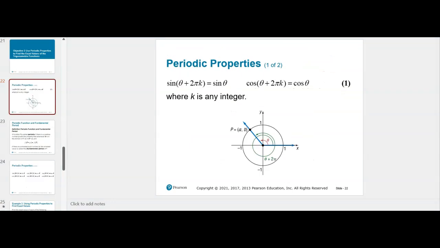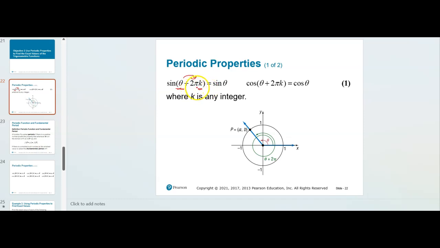So this is the idea that because 2 pi radians is 360 degrees, if we are at some angle and we rotate, like adding to that is rotating, we add 2 pi, and k is a whole number like 1, 2, 3, 4, or possibly -1, -2, -3, -4.